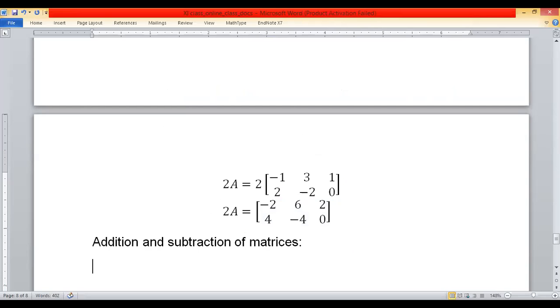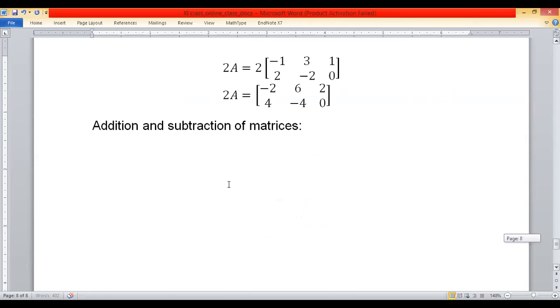So for addition and subtraction of matrices, keep remember the rule is: order of matrices should be same.